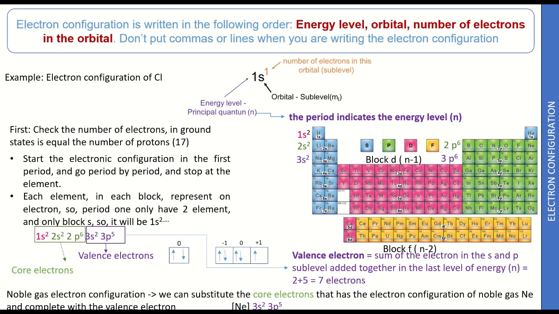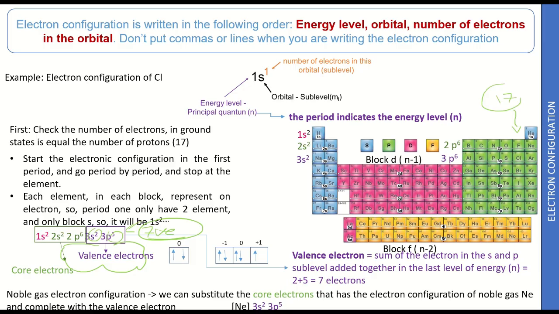Okay, so let's keep going. Just a reminder of how we do the electron configuration: you write down the last level of energy, which includes the S and P sublevels containing the valence electrons. So I know this element has 7 valence electrons, so I know it is in group 17, right?